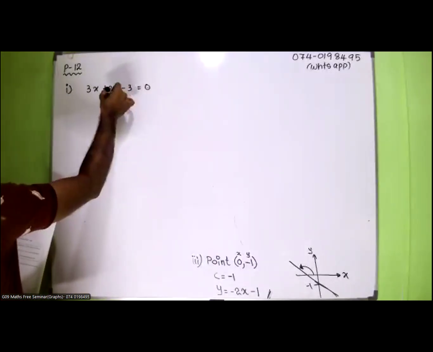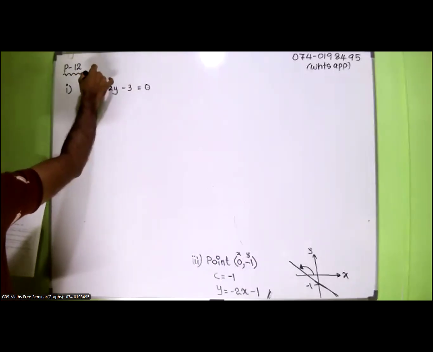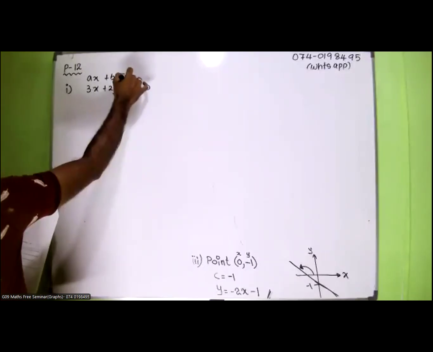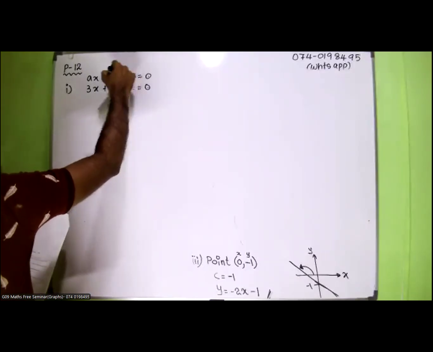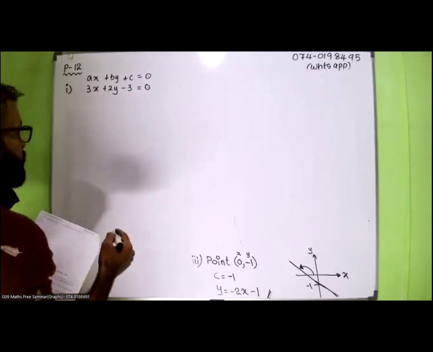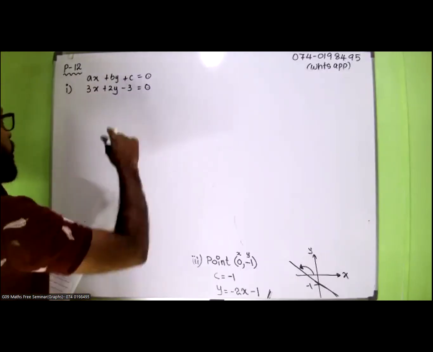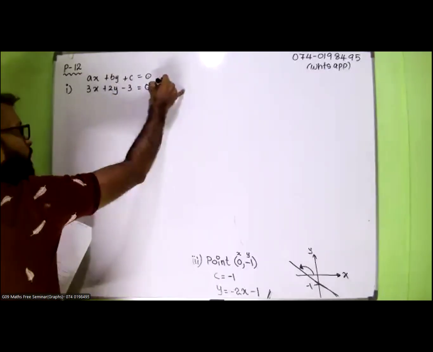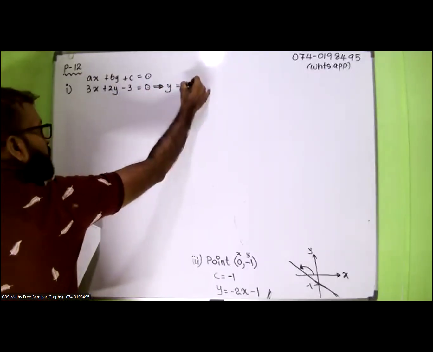This is in the form ax plus by plus c equals 0. Now we are going to convert this whole thing into y equals mx plus c.